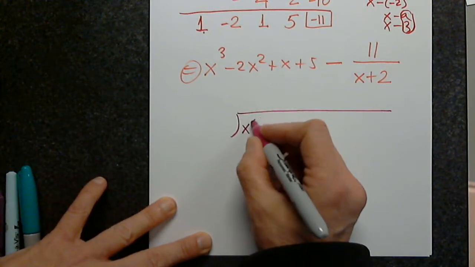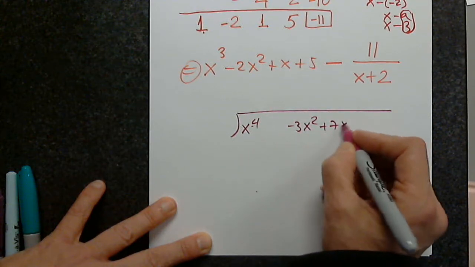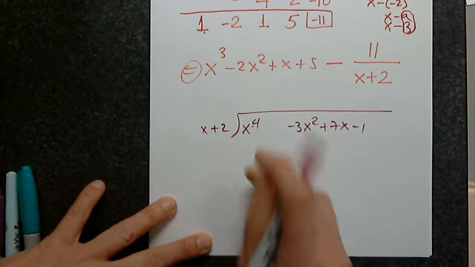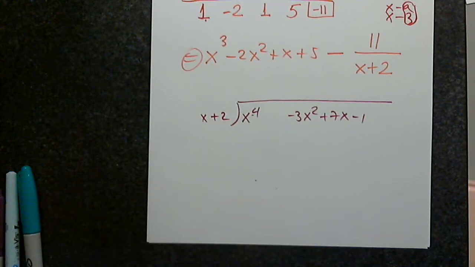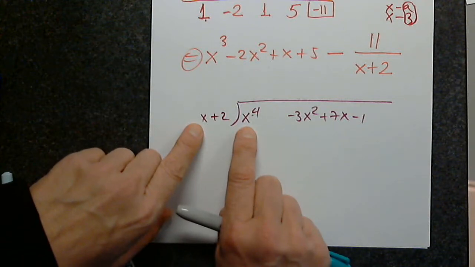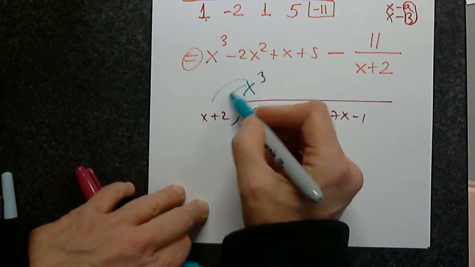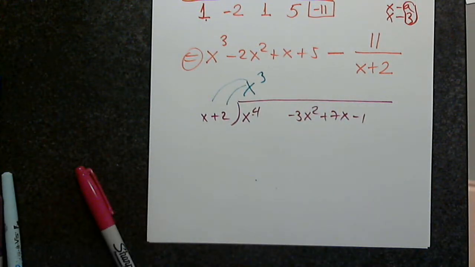So we have x to the fourth, space, negative 3x squared plus 7x minus 1, and we divide by x plus 2. x times what is x to the fourth? Very good. I have to go back with x cubed, remember, and distribute, change the sign, and write below like terms.